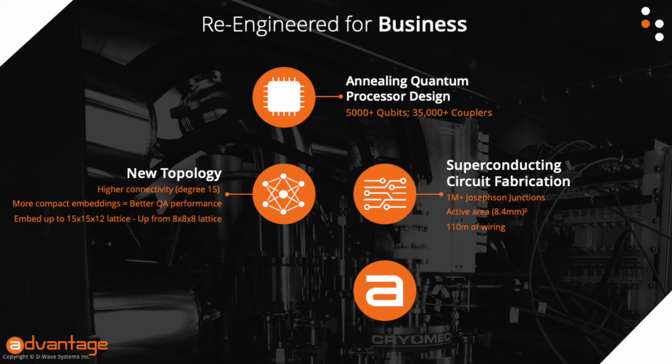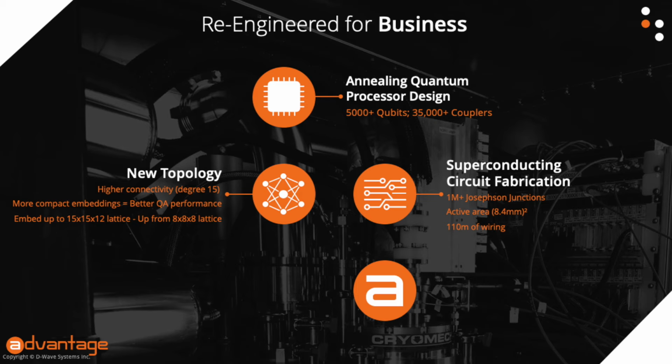So here are a few more of the details. The annealing design has more than 35,000 couplers, actually, which is a 5 or 6 or maybe a little more times factor from Chimera.